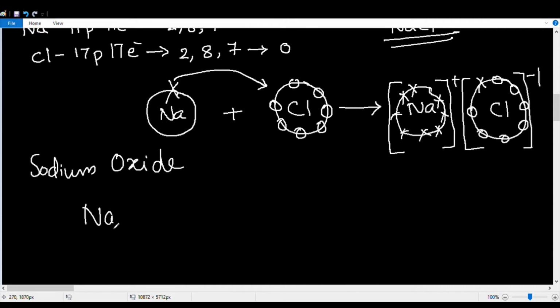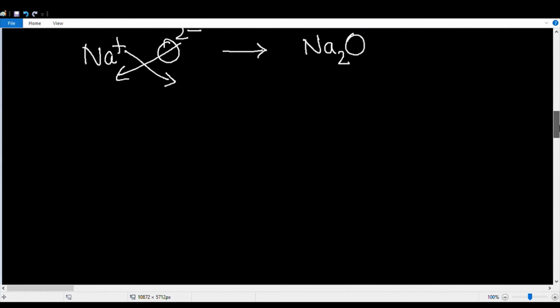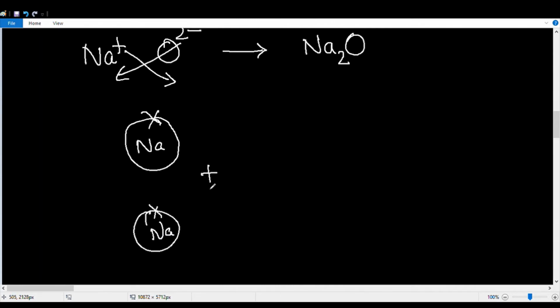Sodium is Na+, oxygen is O2-, so the valencies are crossing, giving Na2O. For sodium, you have to draw 1 electron in the outermost shell, another sodium 1 electron, plus oxygen with 6 electrons in its outermost shell.